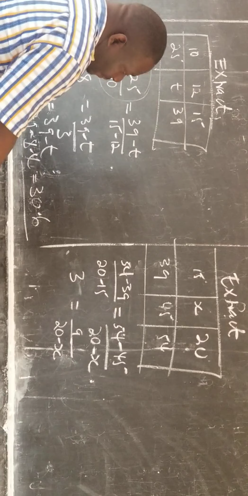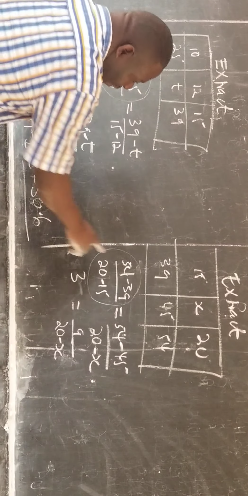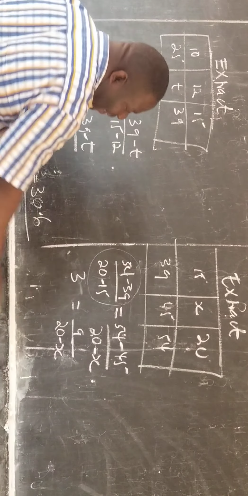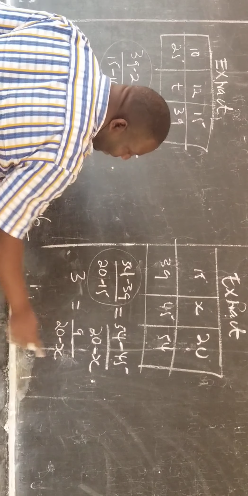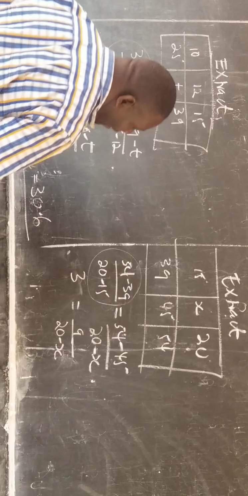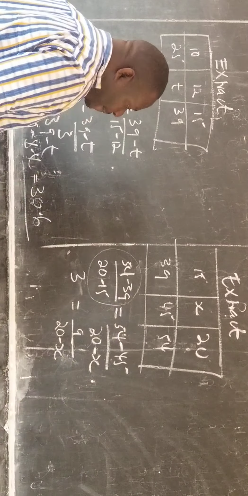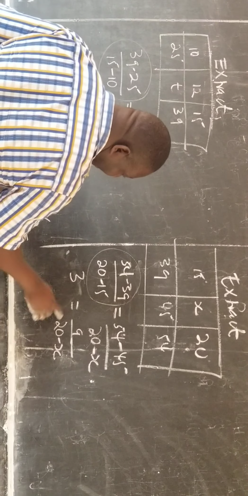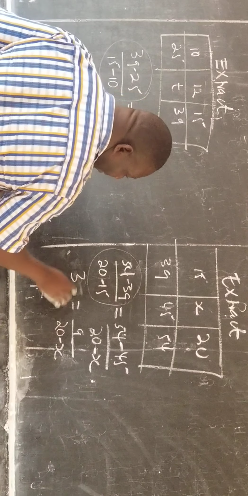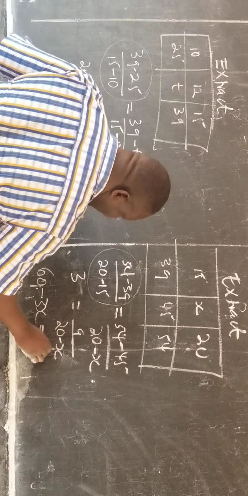if you use our calculators to compute this one, 54 minus 39 over 20 minus 15, we come up with the value 3. Then also here, when we use the other one, 54 minus 45, we shall have 610 minus 3x equals 9.